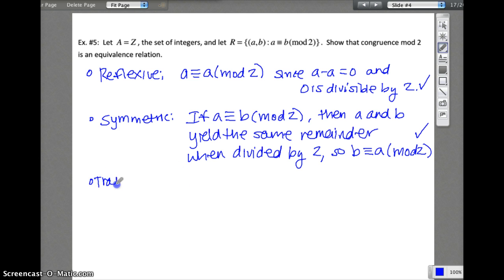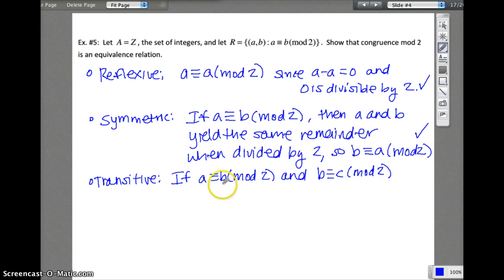So how about transitive? So the assumptions for transitive, we start out with if a is congruent to b and b is congruent to c, both mod 2. Well, this is saying that a and b give the same remainder when divided by 2, and this is saying that b and c give the same remainder when dividing by 2. Well, the remainder you get for b didn't change, so if a and b have the same remainder, then b and c have the same remainder as a and b.